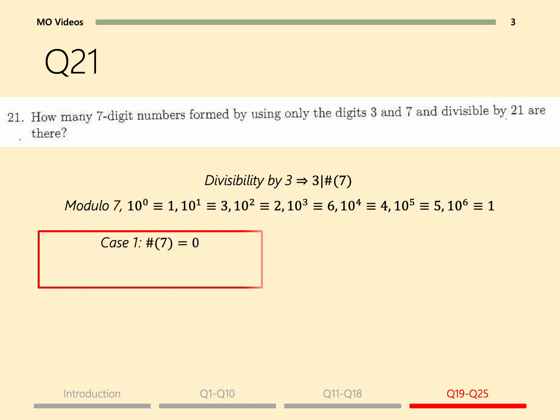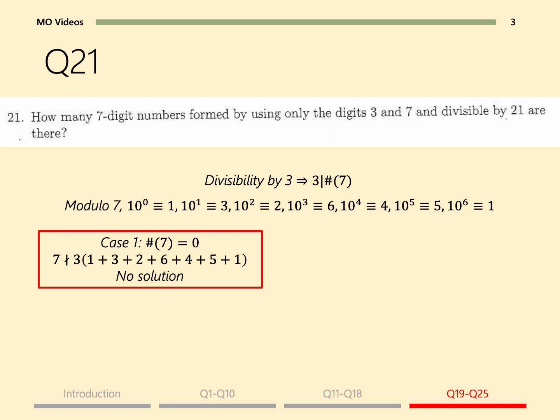Now we begin the casework, starting with the case where there are 0 7s in the number, and all positions are occupied by 3s. We notice that this gives a remainder that is not 0 mod 7, therefore there is no such number.